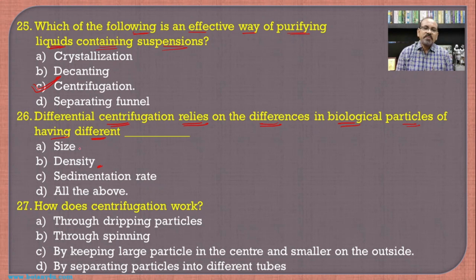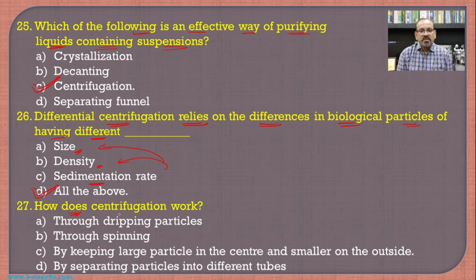But at the same time the size also plays an important role with respect to the centrifugal force in the centrifuge, and even the sedimentation rate depends upon the density as well as the size of the particles to be separated, and hence all of the above is the answer for this question.